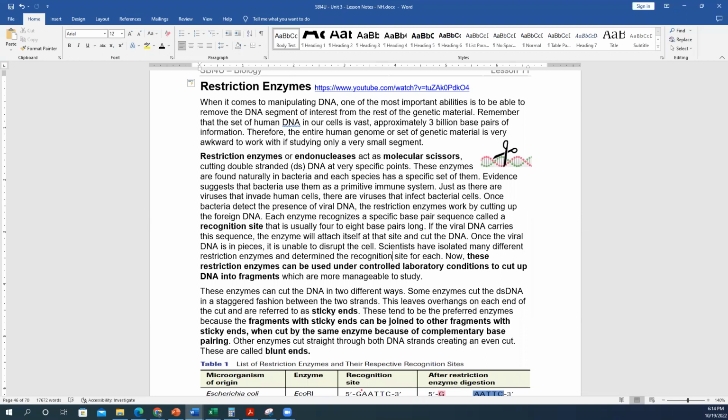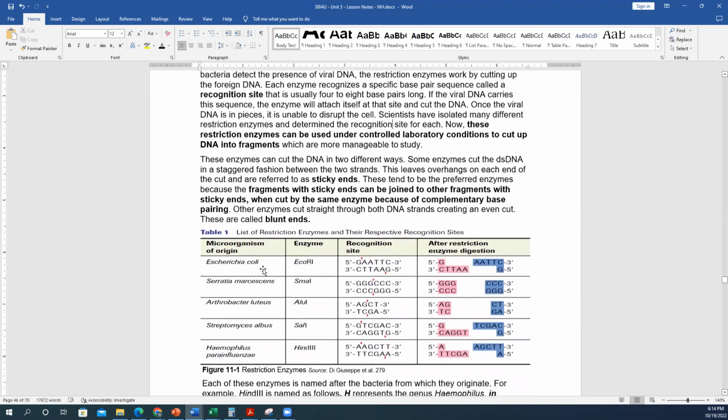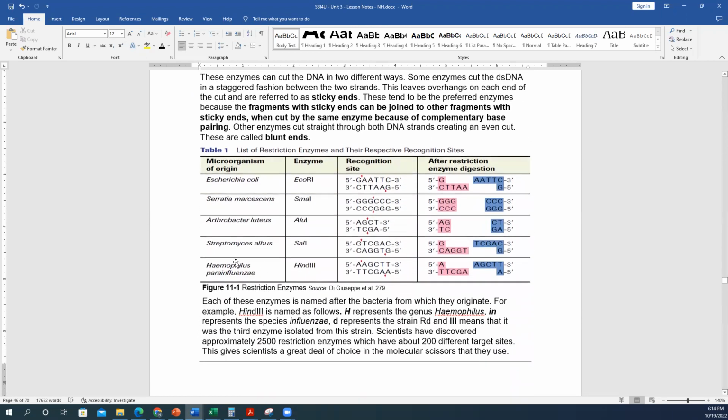I will bring you down to this chart that has some examples of these enzymes. Here are some examples of different enzymes, and they all come from different organisms.